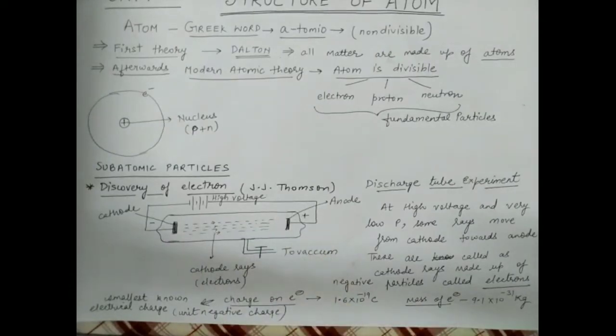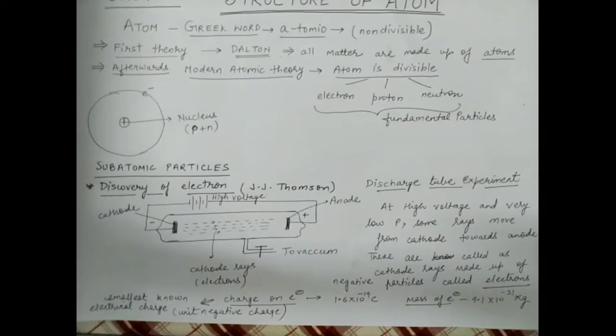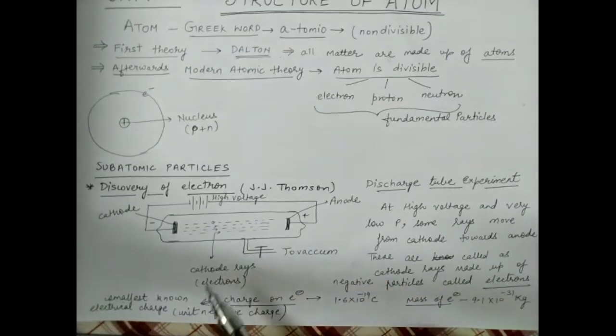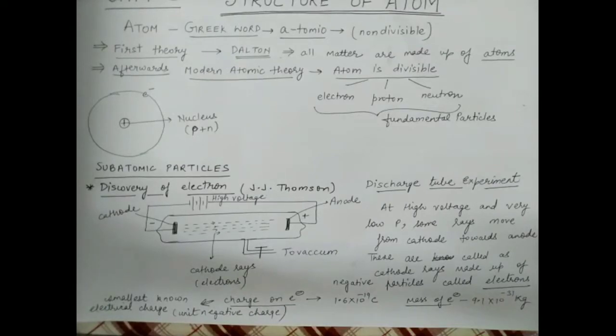Now gases are insulators at high pressure. But at high voltage and low pressure, what will happen? The gases become conductors. So whatever gas is filled inside this discharge tube becomes conducting, and the electricity flows in the form of rays.